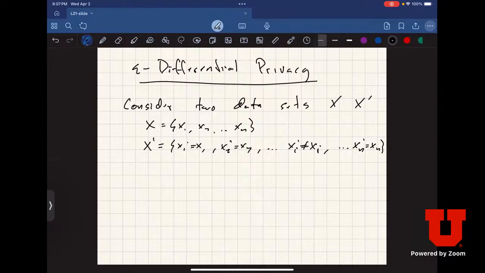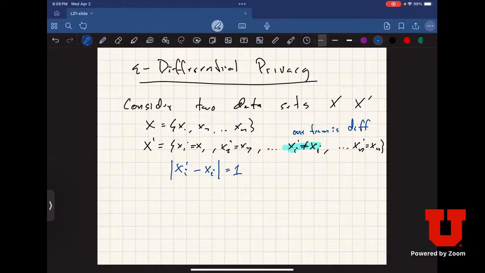The xi could be the first or the last, but there's one term that is different. In particular, we want to say that the difference between xi prime and xi is going to be 1.